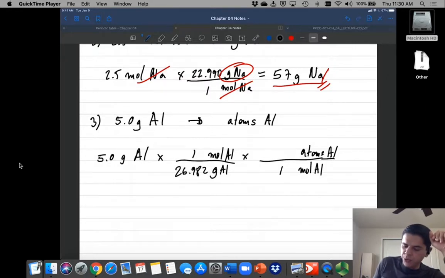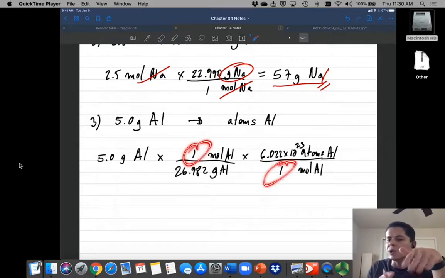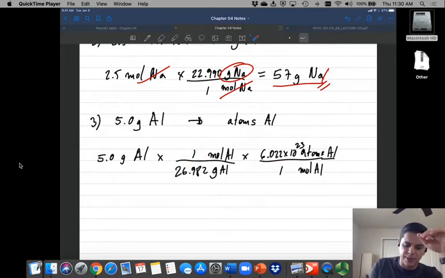And then the moles is 1, and then the atoms is 6.022 times 10 to the power 23. Notice one thing in all of these conversion factors, the moles for both the molar mass and the conversion factor with Avogadro's number is the one that goes with the 1 all the time, okay? So that makes it a little easier to remember.